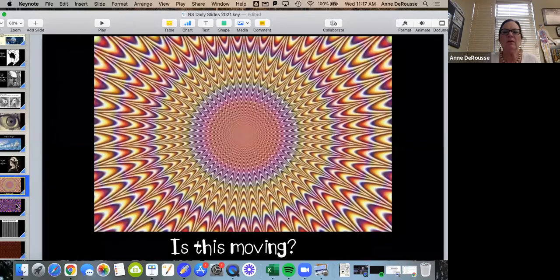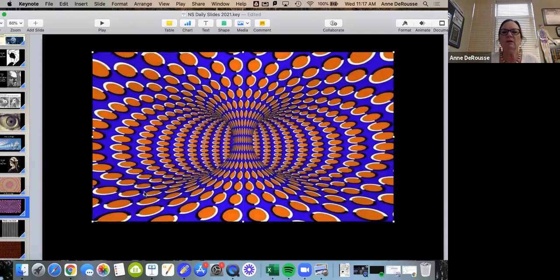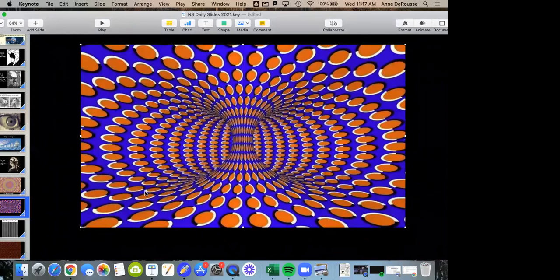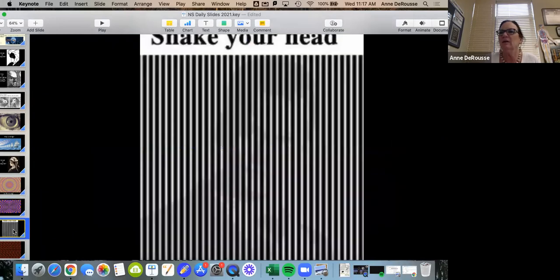What about this one? Is this one moving? Sort of. If you keep looking at it and keep your eyes on it, it does look like it's moving. Did you see this one? Shake your head. Do you see the guy in there?